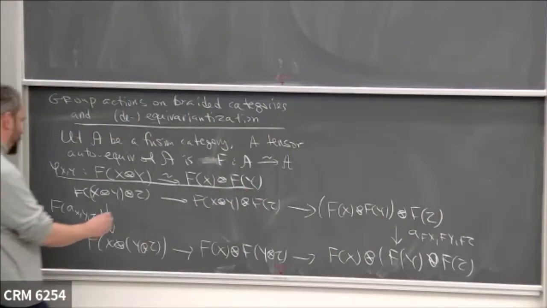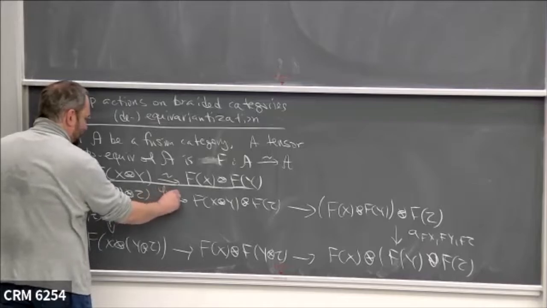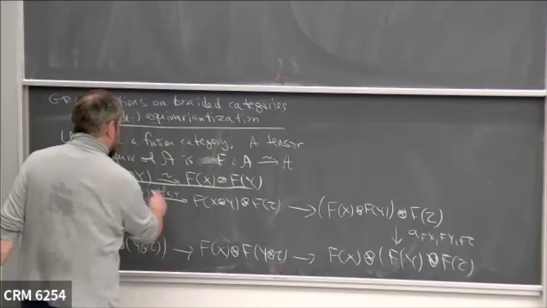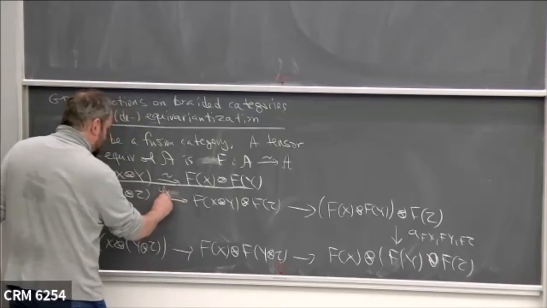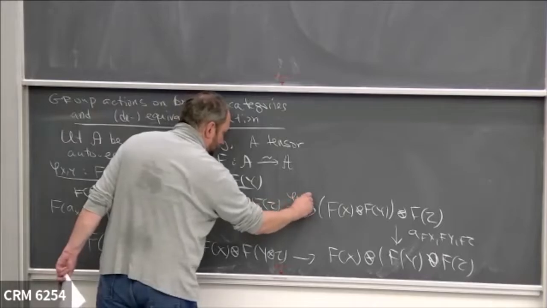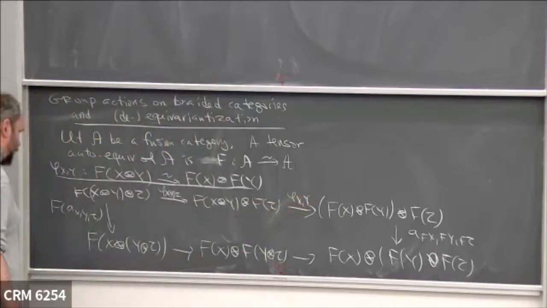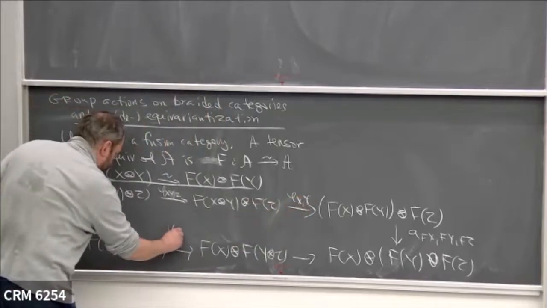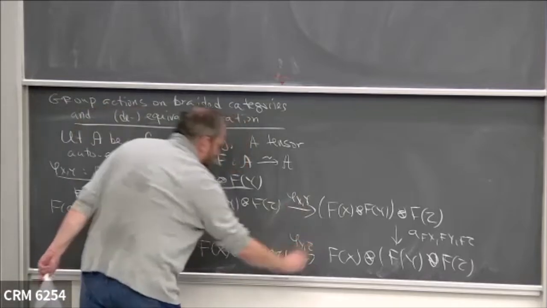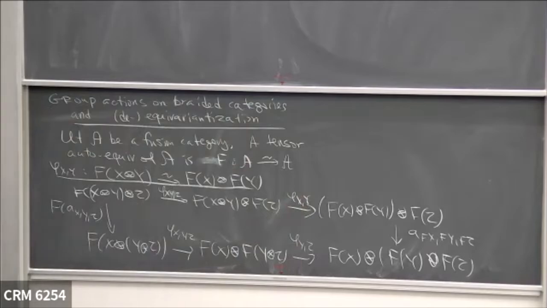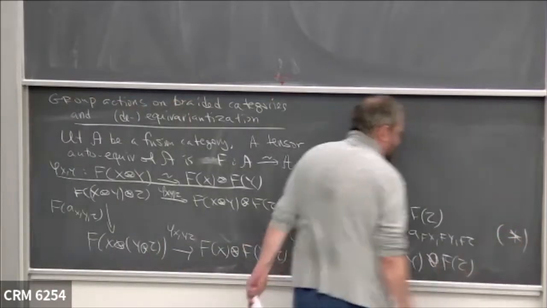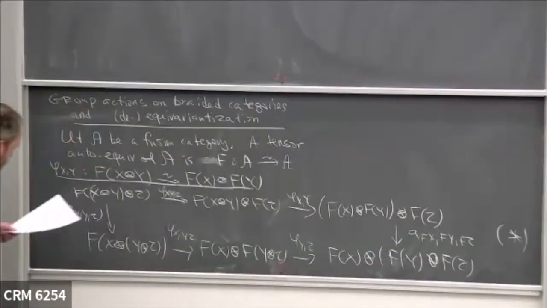So this will be F of the associativity constraint, this will be phi_{x,y}, this will be phi_{xy,z}, phi_{y,z}. Okay, so this is the coherence condition.